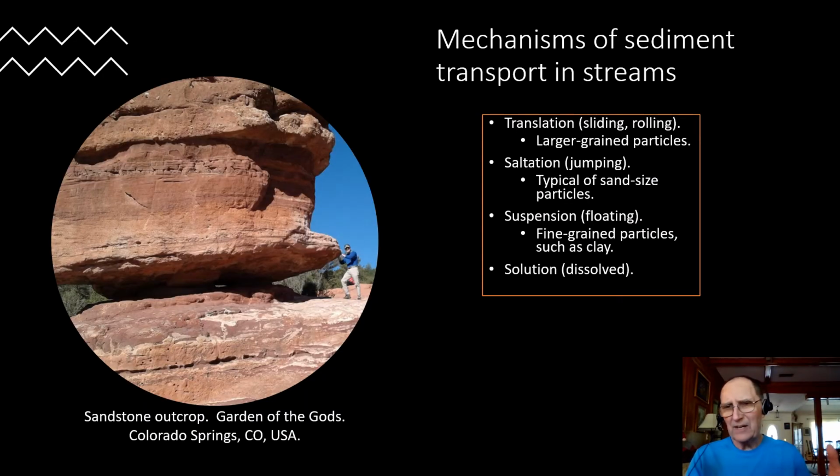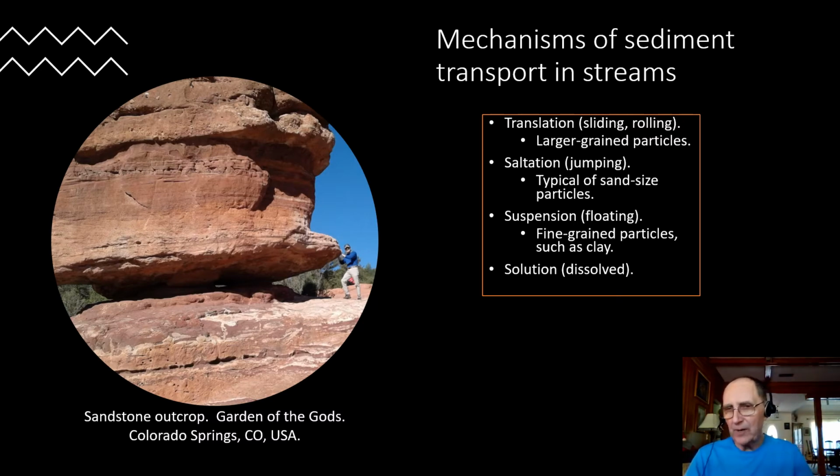So what are the mechanisms of sediment transport in a stream? Well, you have translation, saltation, suspension, and solution. In translation, particles move by sliding or rolling along the stream bed. Larger grain particles tend to move this way. Saltation implies jumping. A particle may be picked up, rise, and then drop again.